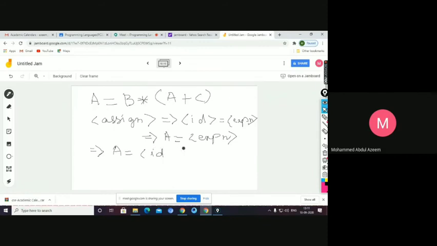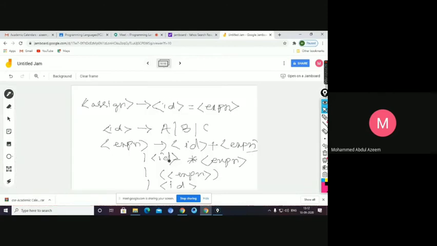If I go with plus, what happens? I'll probably tell you next. I'm taking this definition: expression expanded with ID into expression. You can see here, this definition I'm taking for the expression, right?